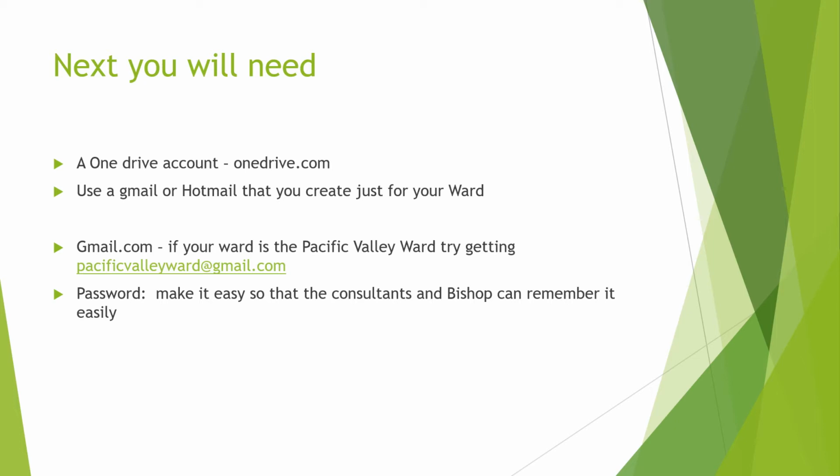Now to do that, go to Gmail first, and if your ward was the Pacific Valley ward, try getting the Pacific Valley ward at gmail.com. The password, make it so easy that the consultants and bishop can remember it easily, like Elijah 123.